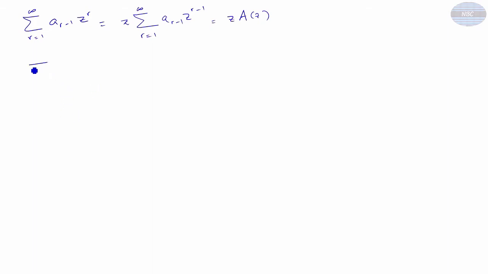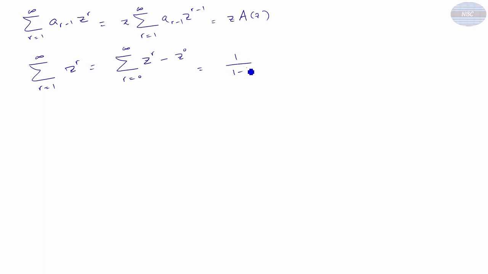Now come to the next term, summation r equal to 1 to infinity z to the power r. It is nothing but we start the summation from r equal to 0 to infinity z to the power r. Since we have added one term extra we have to subtract it, that is z to the power 0 term that is added extra.